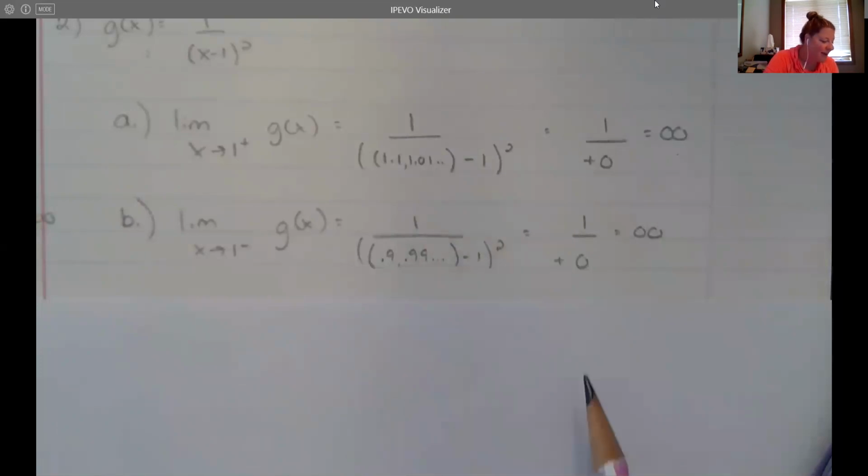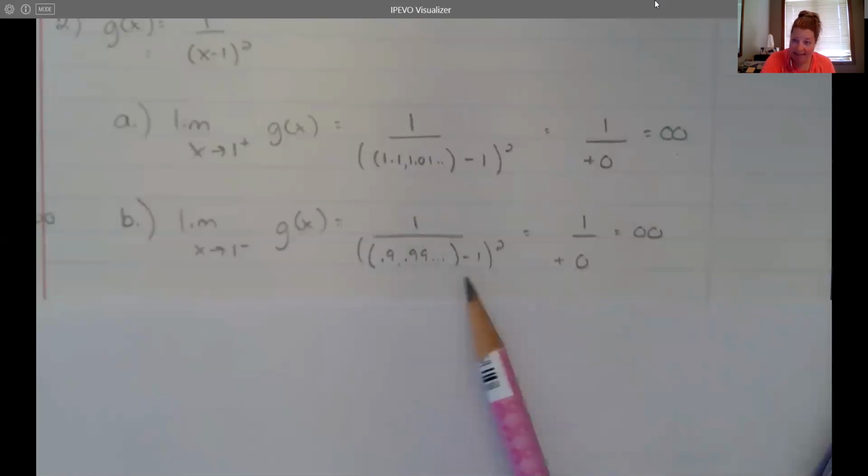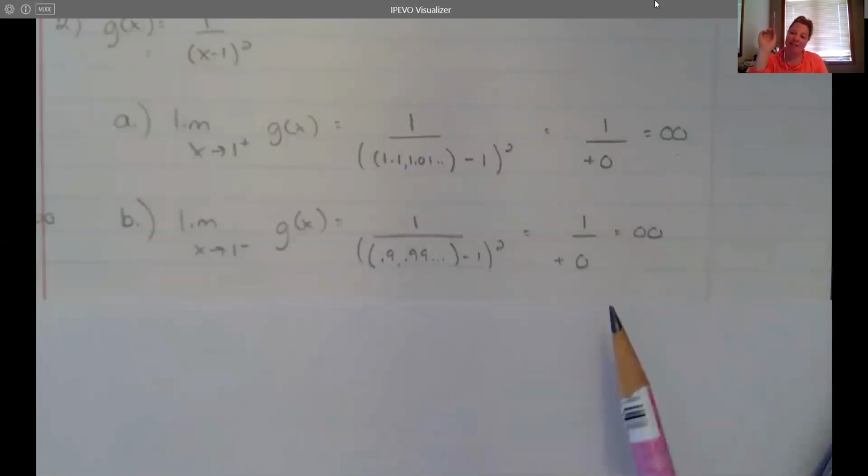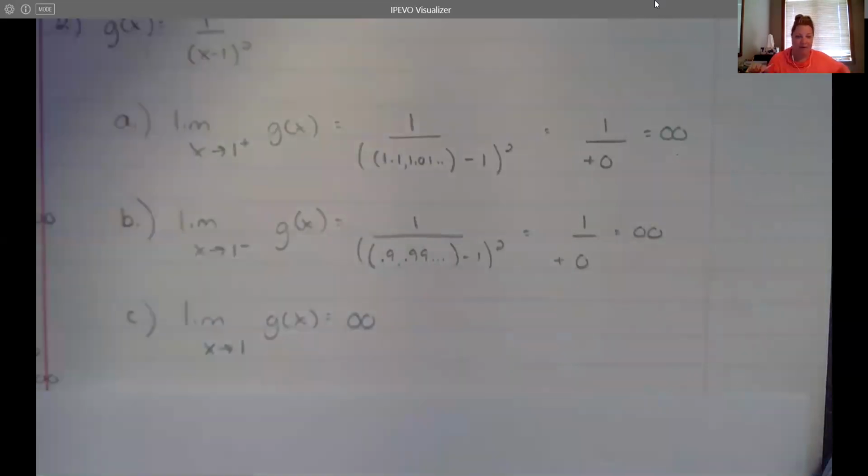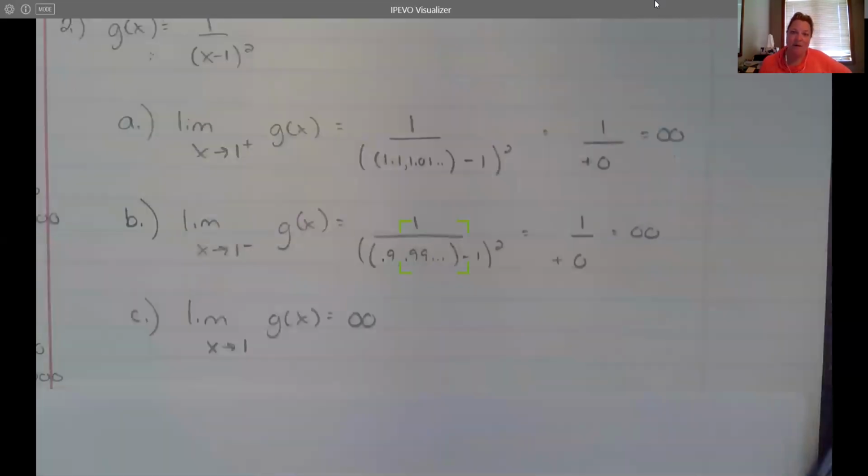So this would also be going to positive infinity because I would get a small number minus 1, that is negative, but when I square, I get positive. So both the left and the right are going to infinity. So what can we say about the limit at this value 1? It actually has a limit.